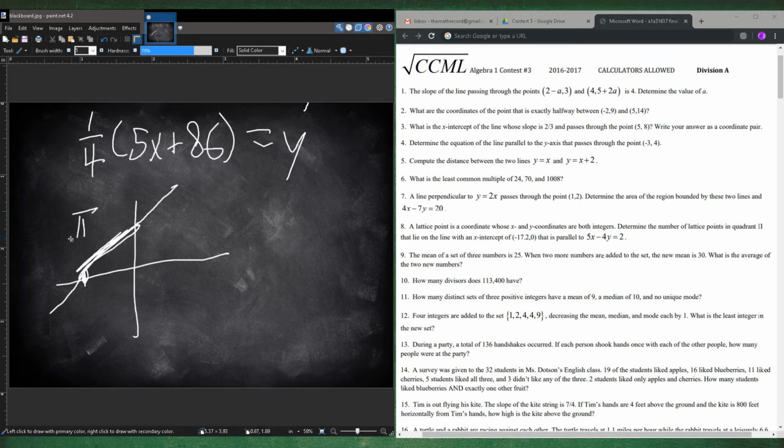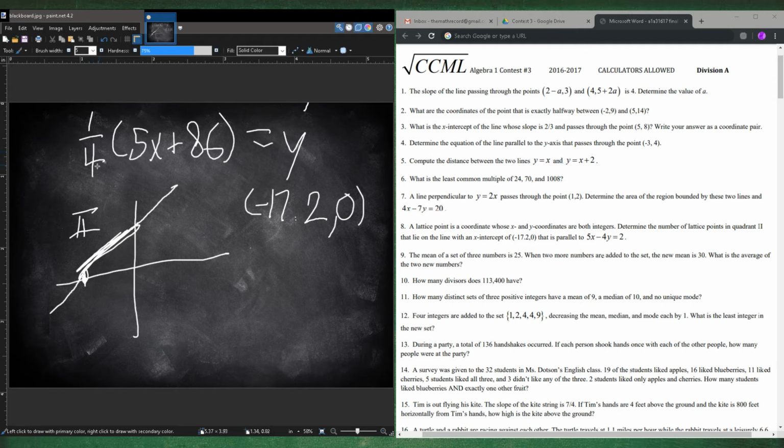So we only have to check the x coordinates from negative 17.2 to 0. We're just going to plug in integers for x, and make sure that 5x plus 86 is divisible by 4.